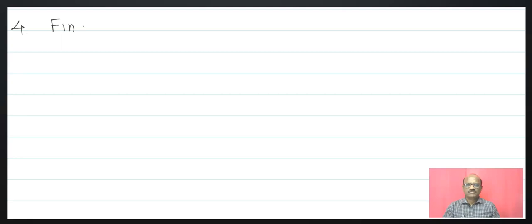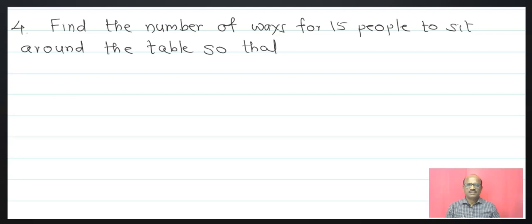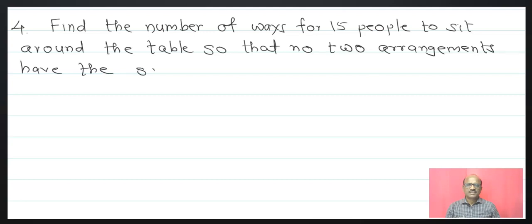Now the next is question number 4. Find the number of ways for 15 people to sit around the table so that no two arrangements have the same neighbors.